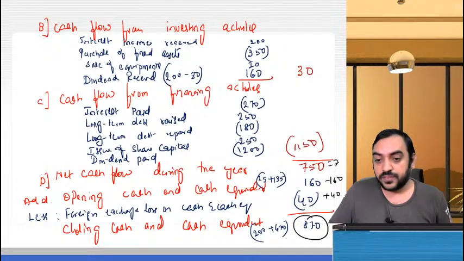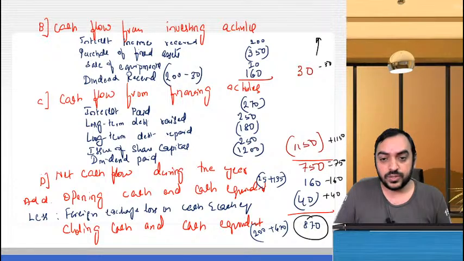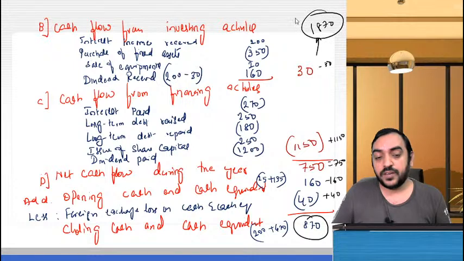You should get 750. 870 plus 40 minus 160, you get 750. Then plus 1150 minus 30, you should get operating activities, the same number by way of reverse working, 1870.